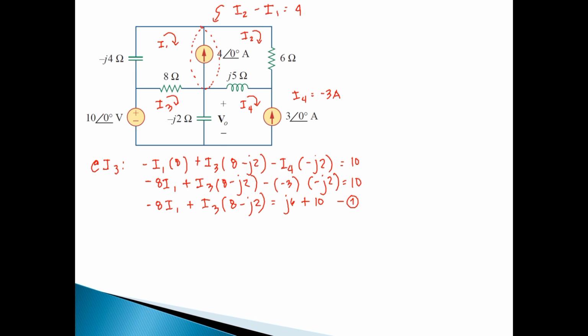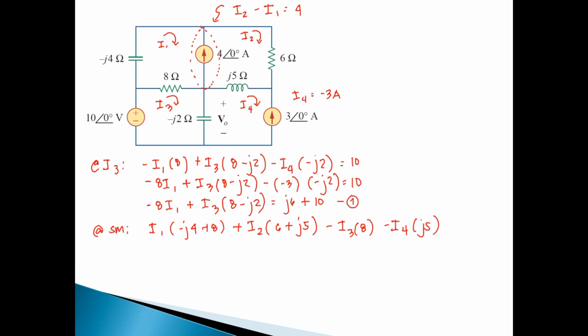And then in the supermesh equation, we have I1 times negative j4 plus 8. And then positive I2, we have 6 plus j5. And then common with I3 is 8. And then common with I4 is j5.